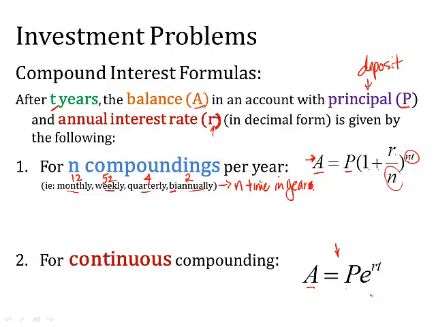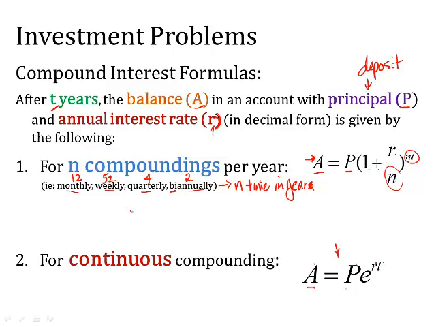There's no n value in this equation, so you don't have to worry about the number of times it compounds in a year because it's continuous. And you'll find out that the continuously compounding ones are the ones you really want. So P is still principal, r is still the rate, t is still the time, A is still the balance in the account. So write those formulas down. I will be giving you the formulas. You just have to know how to use them correctly.